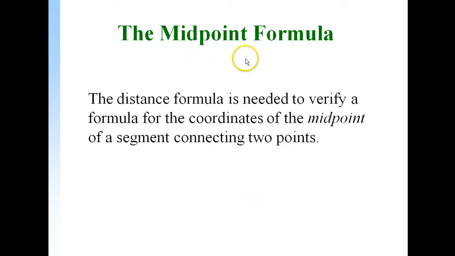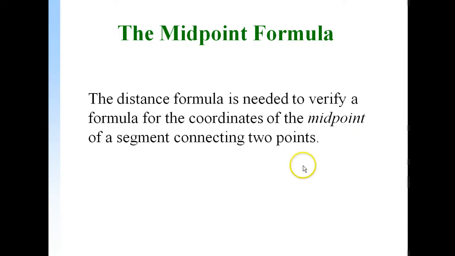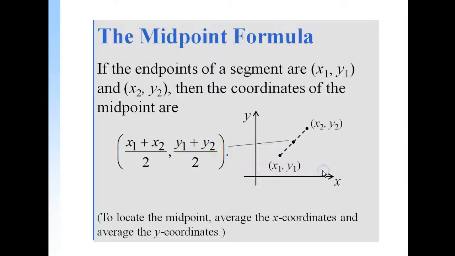Another famous formula that's used here, and I'll show you this one too. So again, we had the distance formula, but now we want to find the midpoint. What will be the coordinates of that point right there? We know this one and we know this one, but what's the midpoint? And that's this formula. And it's sort of an easy one.